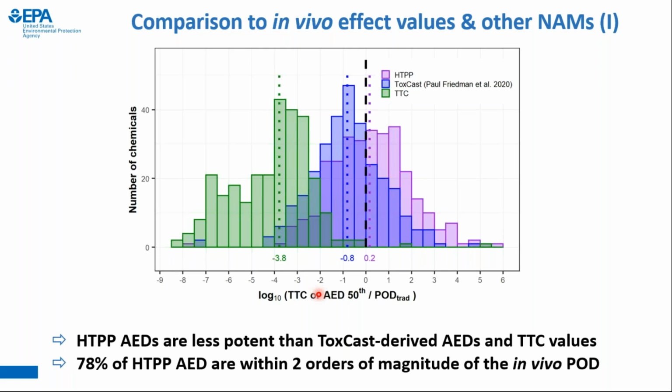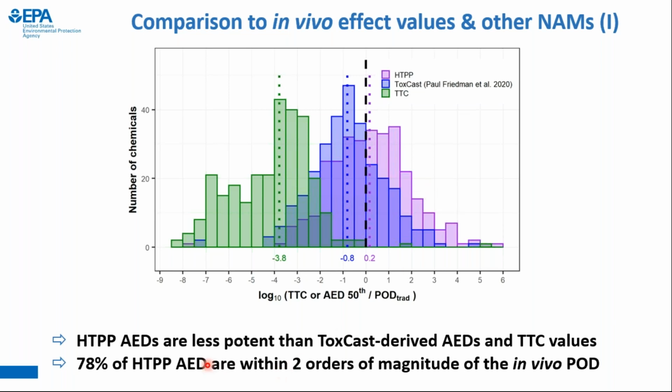So this is the result of these 300 chemicals, when for each chemical we compare the potency estimate from the NAMs to the potency estimate from in vivo effect values. The black line indicates the unity line. To the left means that NAMs were more conservative, and to the right means that the NAM was less conservative. The first thing that you can see is that the purple histogram, which is the HTPP assay, is quite symmetric around this unity line.